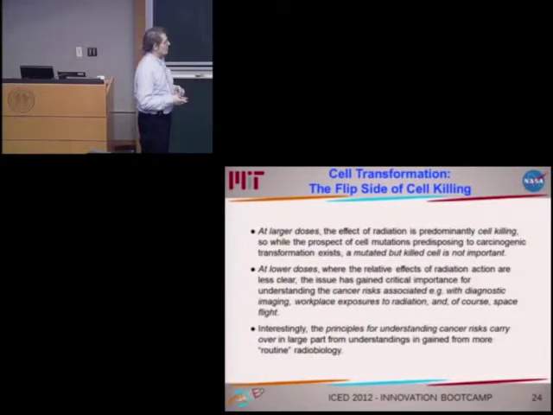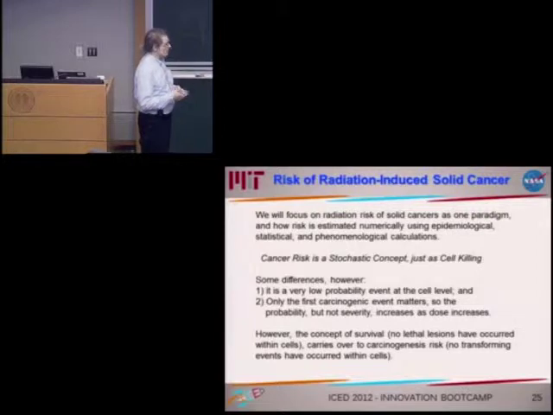But fortunately, what we've learned here does have a lot of application to the problem of risk. So what I'm going to talk about is radiation risk of solid cancers as one paradigm, realizing that there are multiple endpoints to be concerned about in radiation risk, and discuss some of the epidemiological, statistical, and phenomenological calculations that go into measuring it.